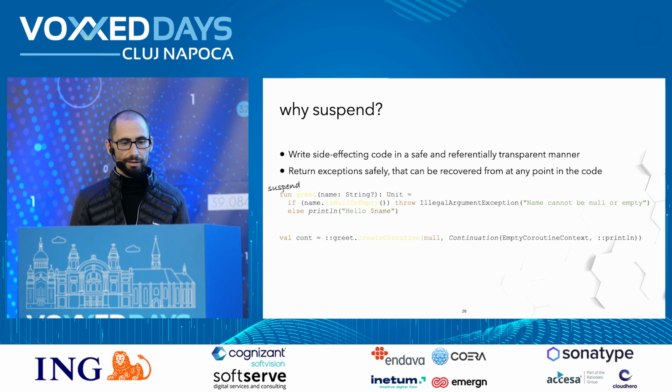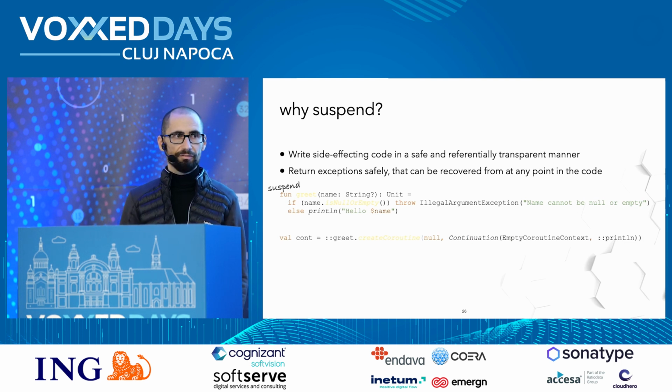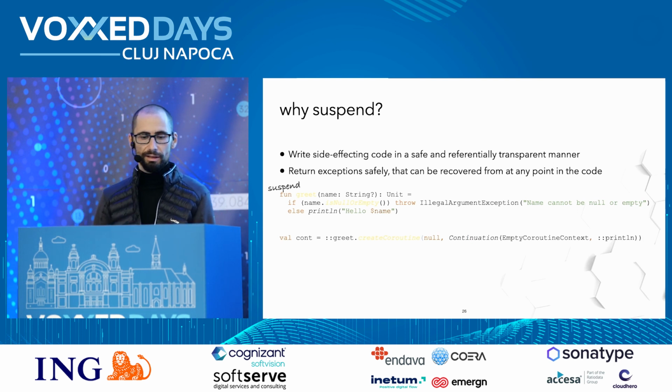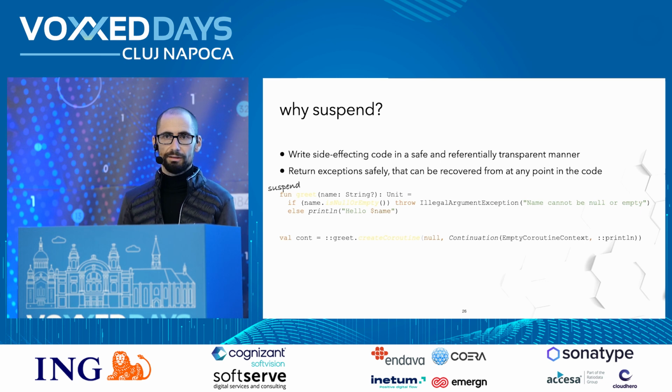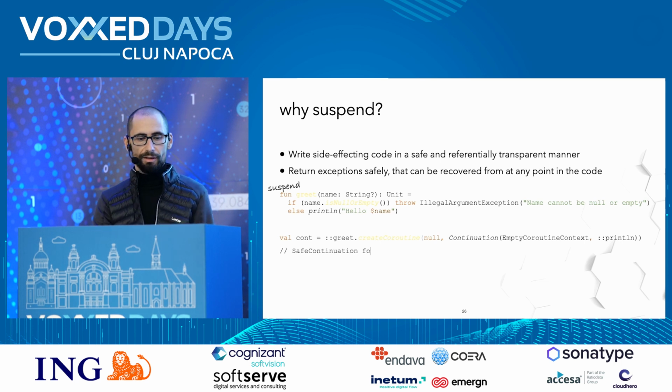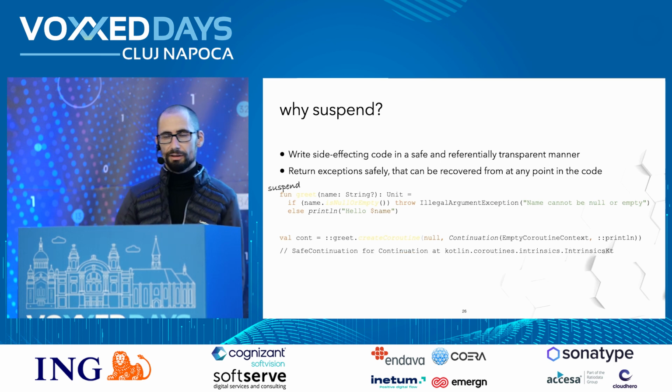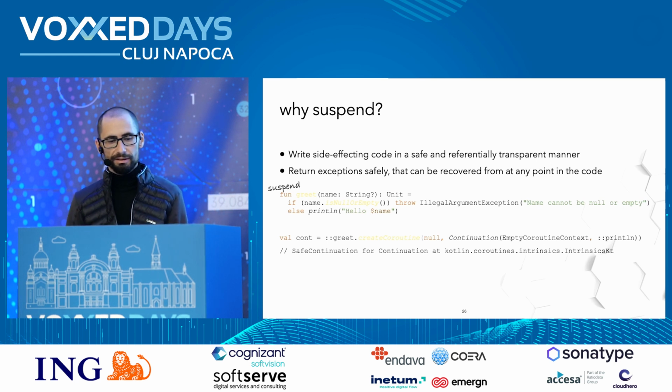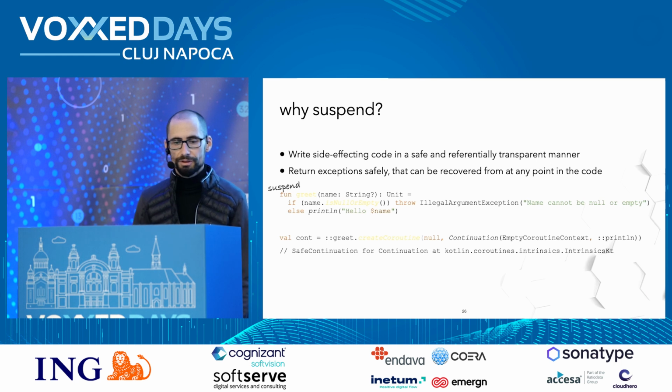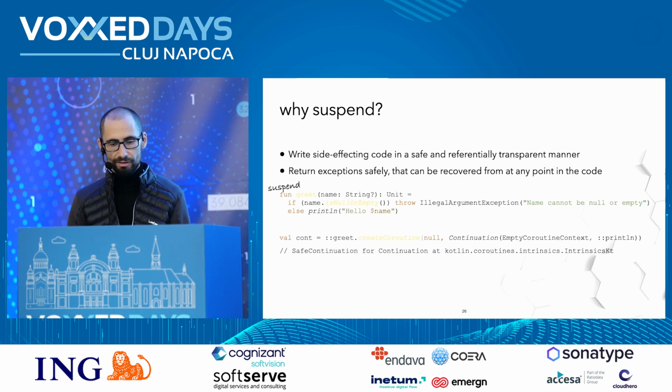The first one is the argument that we are passing to the greet function, and the second one is a continuation that takes another 2 arguments, some context, and the function. Now, if we execute this, instead of getting an exception or a failure, we're just going to get back a description of our computation, which in this case is called a safe continuation.